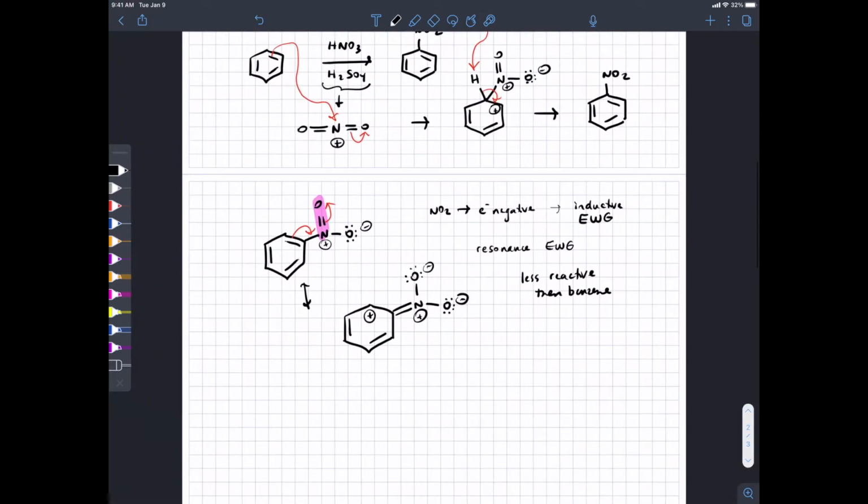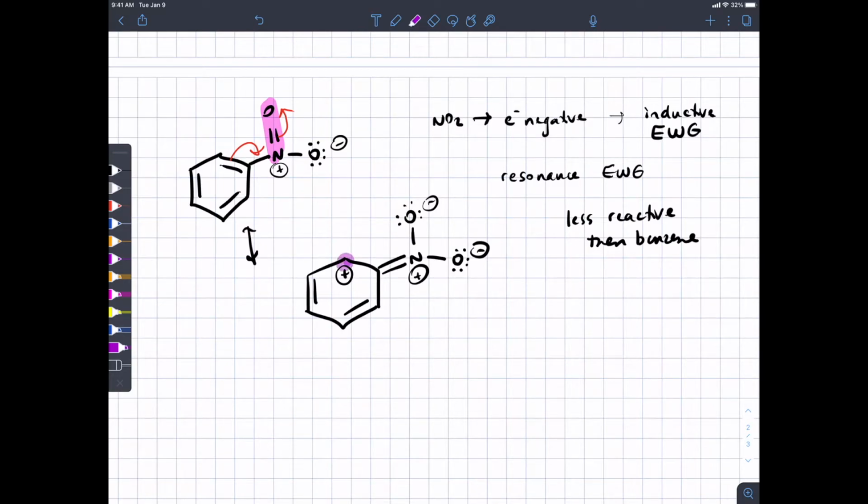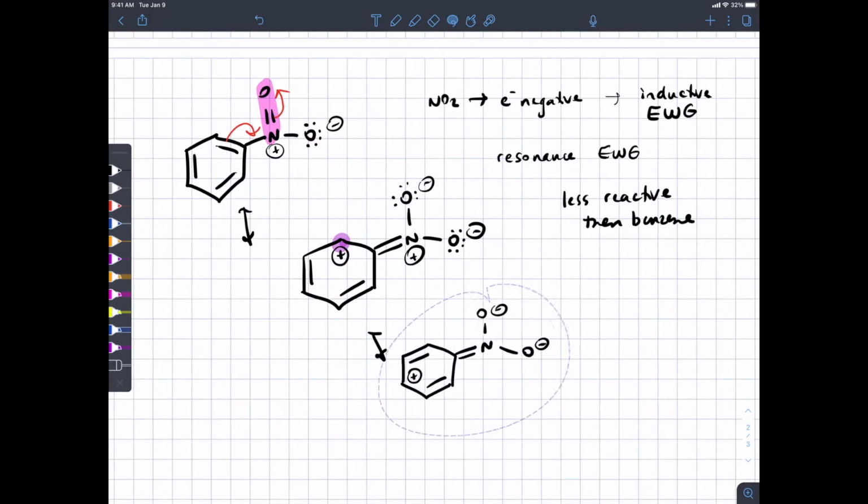Another thing I want to point out at this stage is just that because of the nitro group, not all of the carbons in the ring are similar in reactivity. The nitro group could put a positive charge in the ring, and we can draw resonance structures in which that positive charge is on the carbons adjacent to the nitro group and the carbon opposite to the nitro group.